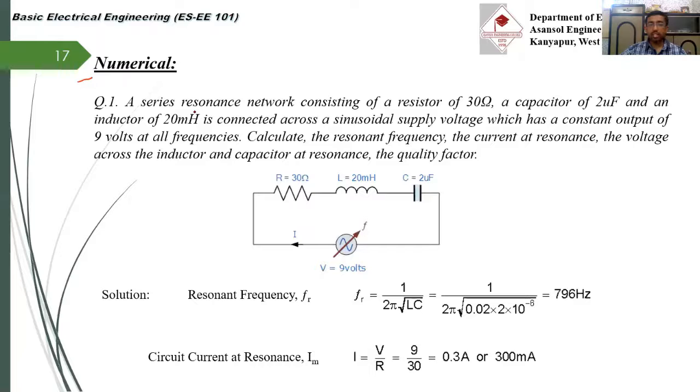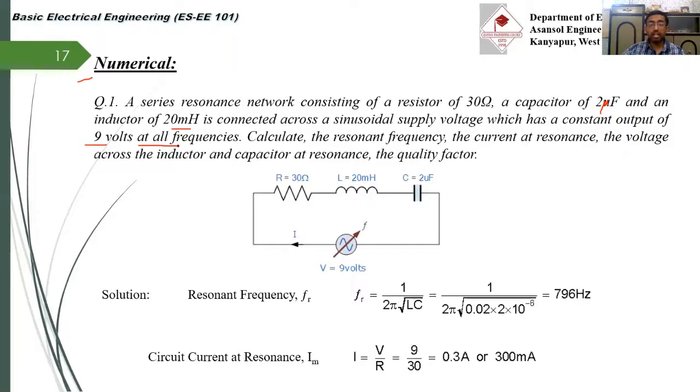A series resonance network consisting of a resistor of 30 ohm, a capacitor of 2 microfarad, and an inductor of 20 millihenry is connected across a sinusoidal supply voltage, which has a constant output of 9 volt at all frequencies.